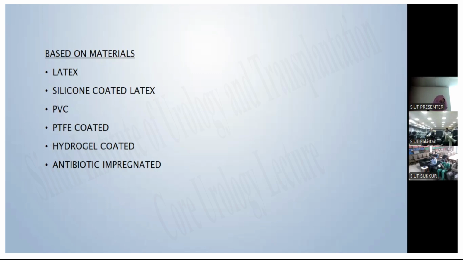Hydrogel coating is a special kind of coating, which when exposed to any kind of fluid, which might be urine or water, gets absorbed. It becomes a jelly. It decreases the coefficient of friction. Meaning to say, when you touch it, it will feel as if jelly has been applied.